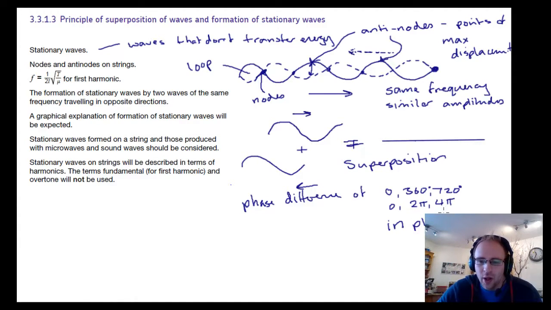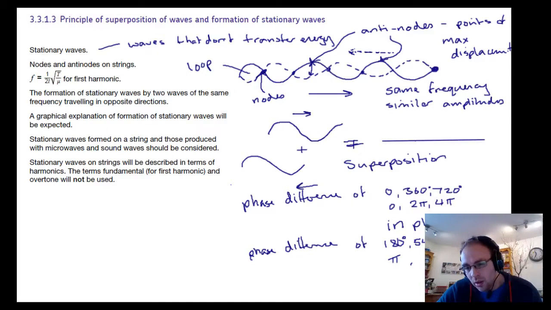So if we've got a phase difference of a whole cycle, then we call that in phase. If we've got a phase difference of 180 degrees or 540 degrees or pi radians or 3 pi radians, we call that antiphase.